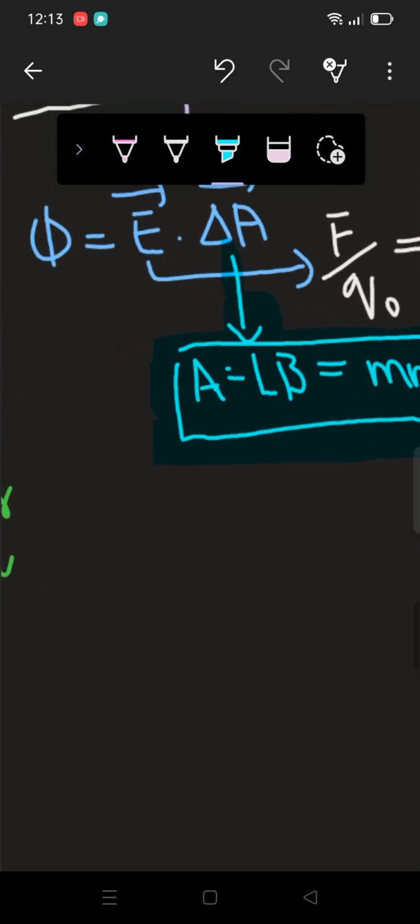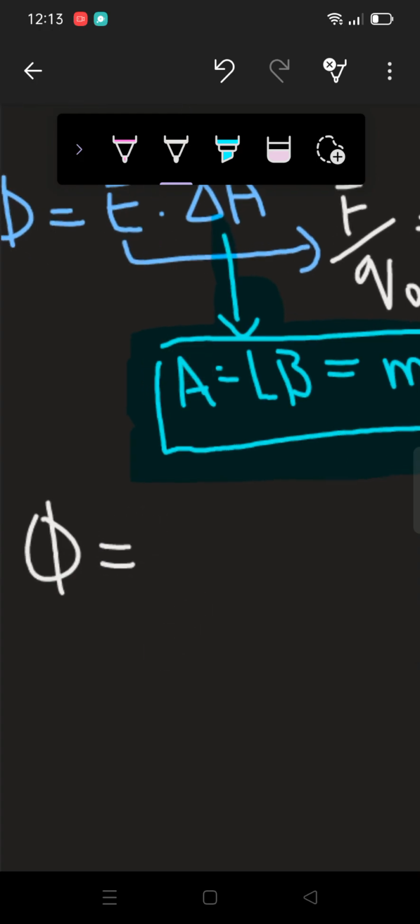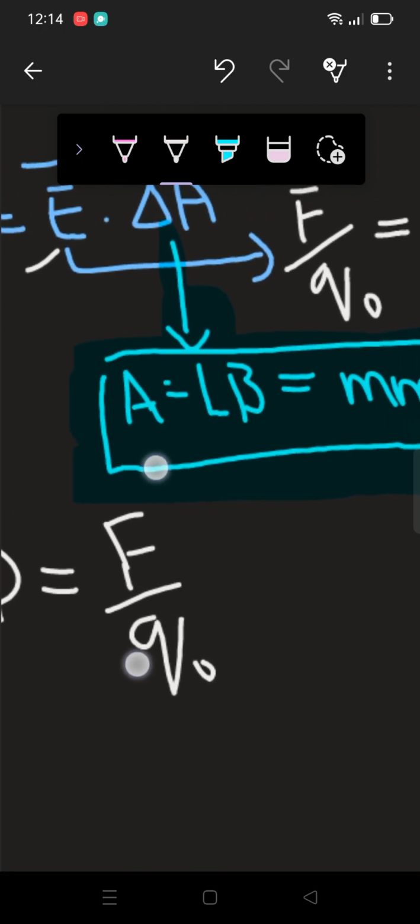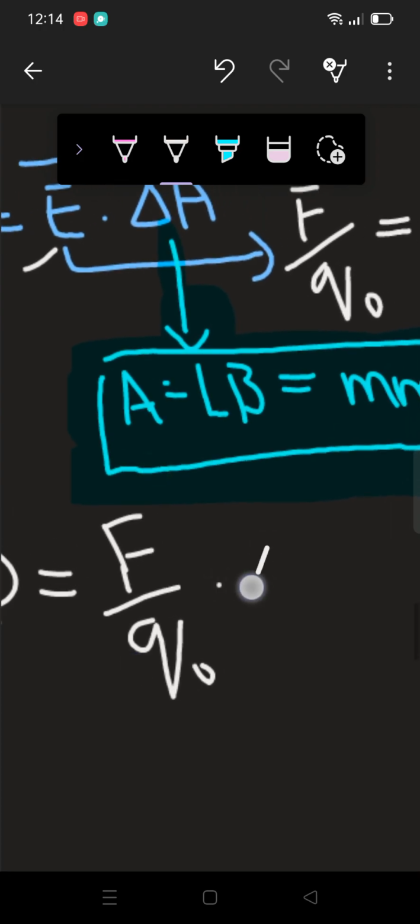Alright, so now phi is equal to the electric field intensity, which is force per unit charge, so I can write Newton per Coulomb. Electric field intensity is force per unit charge, into the small element of vector area.